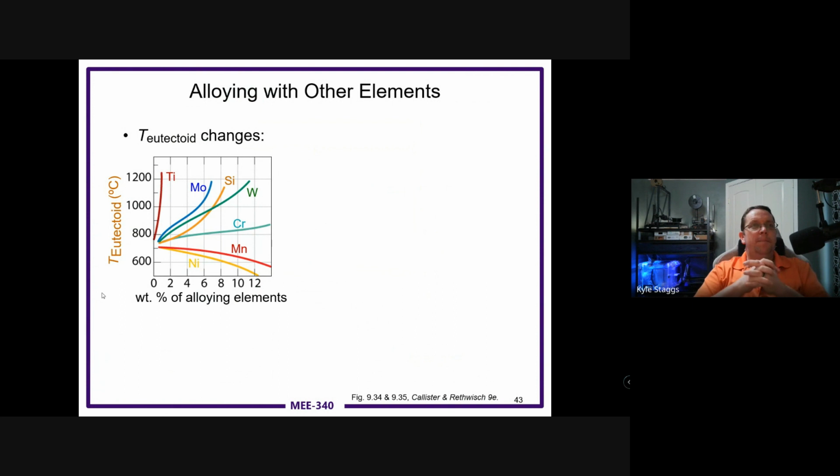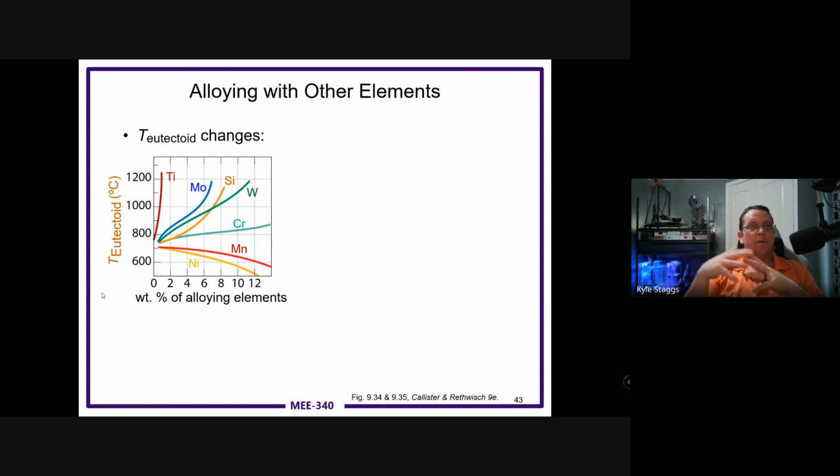All right. Another thing that we do is bringing in other elements for this. For a number of different kinds of applications, number of different reasons, alloying gives us lots of different kinds of properties. So if we've already got iron and carbon and we add in a lot of chrome or something like that, we start getting into stainless steel.